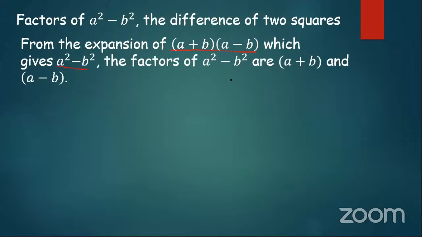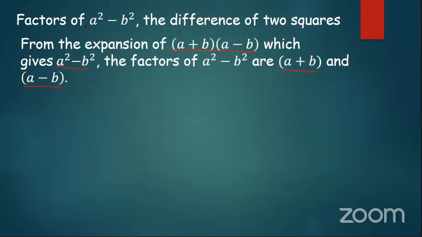Then we say the factors of a squared minus b squared will be a plus b and a minus b. So those of us who are able to do the expansion, we are able to remember this, that we got a plus b and a minus b. So when you expand this, you get a squared minus b squared.